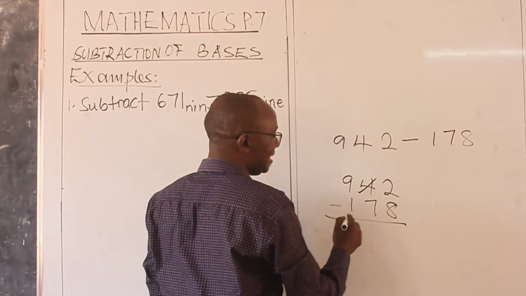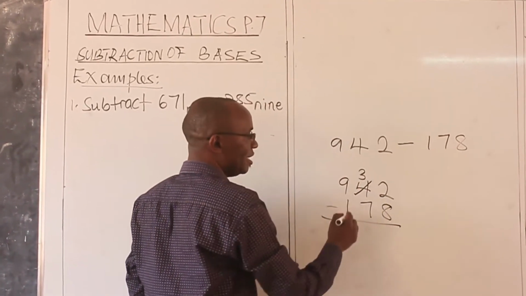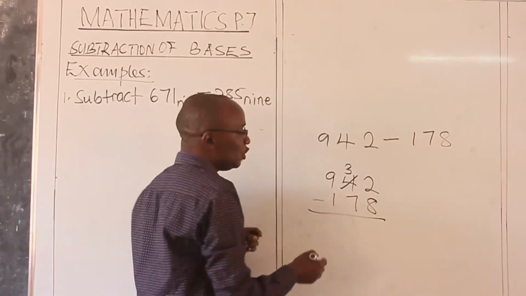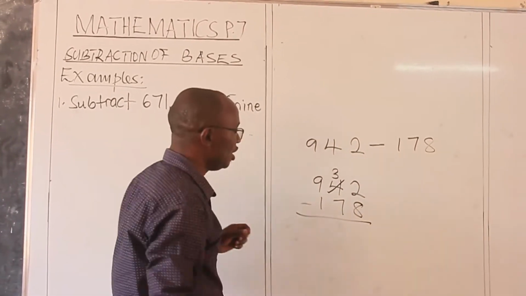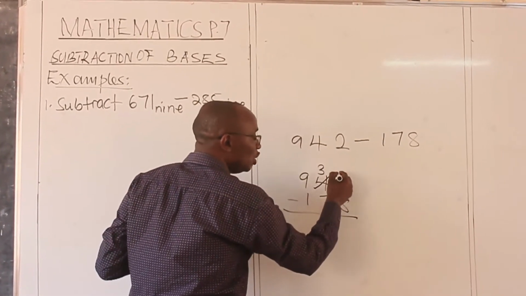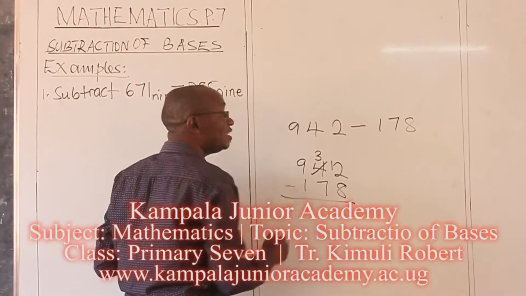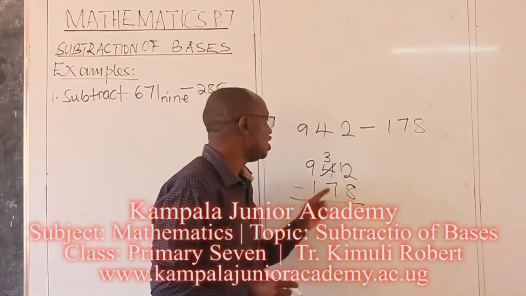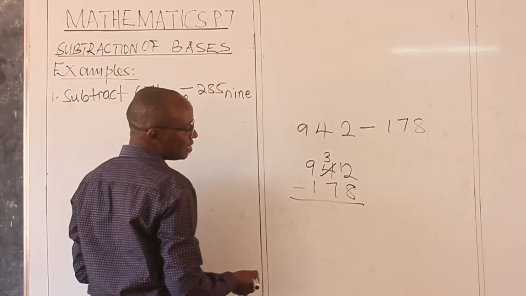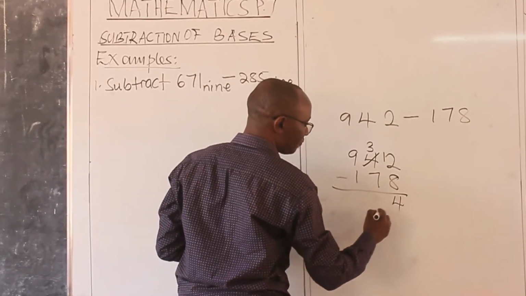When we borrow 1 ten, we leave 3. But we have taken a 10. You normally take 1, but that 1 you take contains 10. So when you add 10 to 2, you get 12. 12 minus 8 is 4.